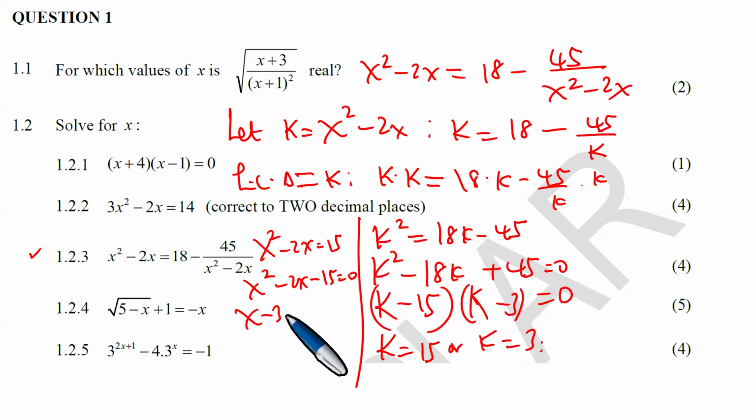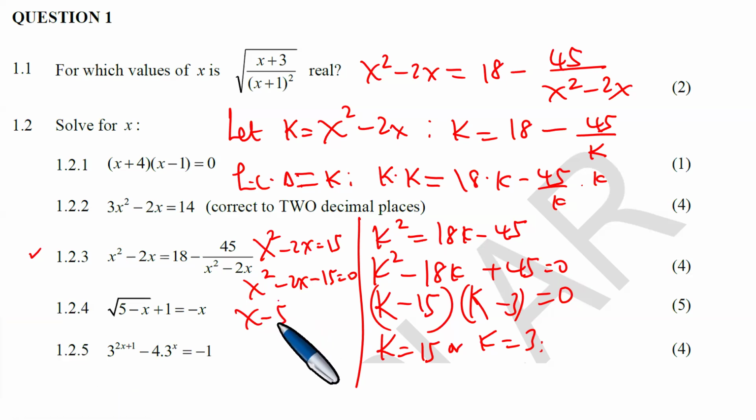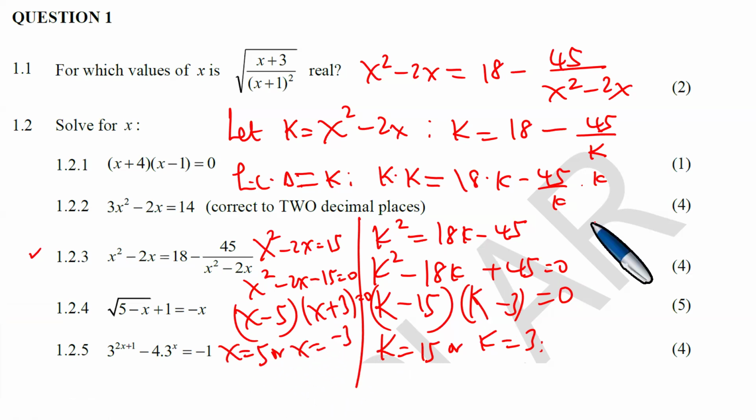Getting the factors here, you have a minus 5 and a plus 3 equals 0, which means x is 5 or x is minus 3. Then you can also have the part where k is 3.